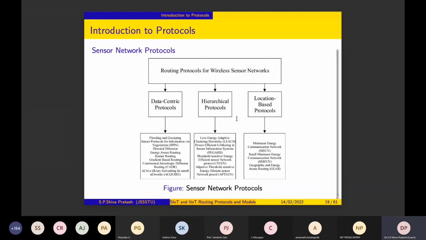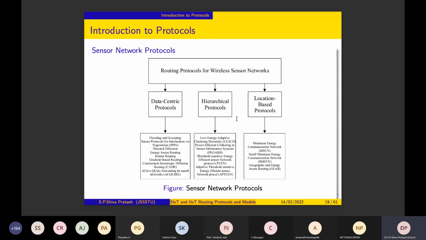Under data-centric protocols, of course, flooding, and gossiping, SPIN (sensor protocols for information negotiation) can be used, or energy-aware routing protocols, or CADR, or ACQUIRE. And if you look into the hierarchical, the standard protocol is LEACH, low energy adaptive clustering hierarchy, or PEGASIS, or you have TEEN or APTEEN.